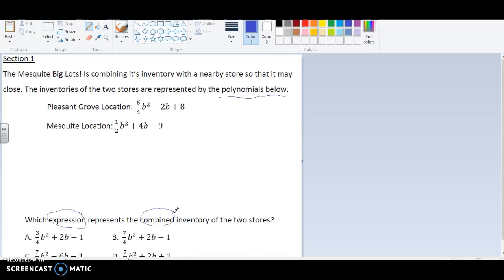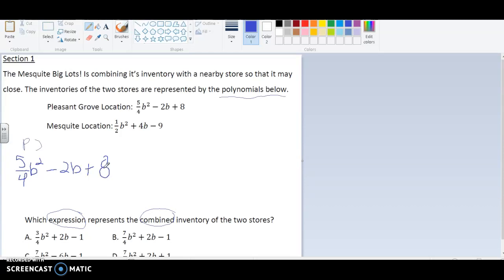So the Pleasant Grove location is represented by 5/4 b squared minus 2b plus 8. So this entire expression represents the Pleasant Grove location's inventory.